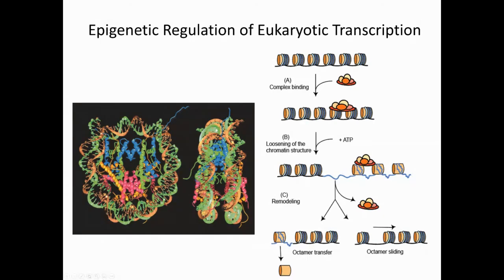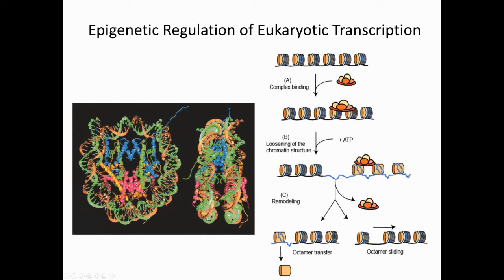So basically, the DNA is buried in the nucleosome structure, and if it is buried inside, the RNA polymerase and transcription activator will be unable to access those DNA binding sites. If they are not able to access the binding sites, they cannot initiate the transcription.